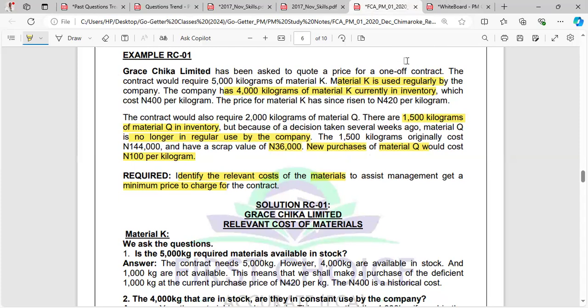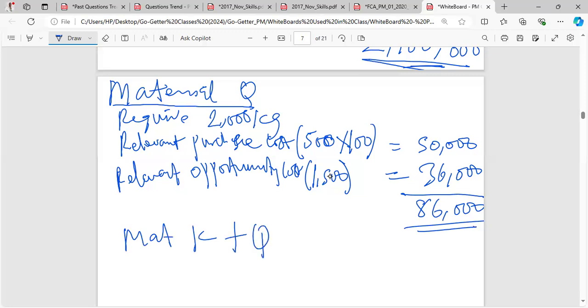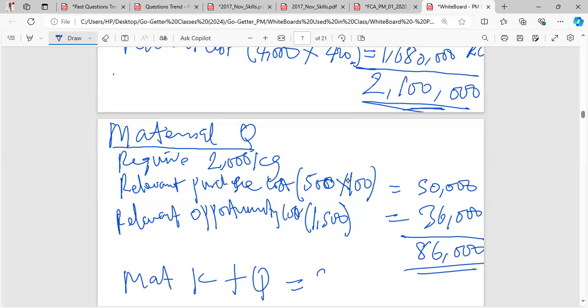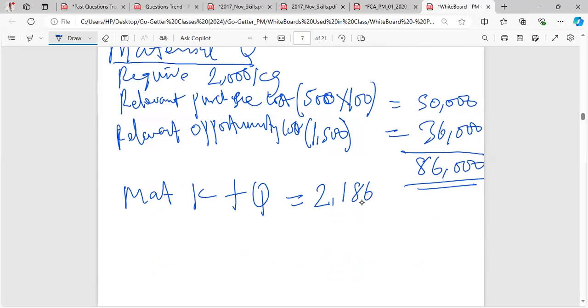No, that's it. So when we add this together, we have 86,000 naira. So if we are to add material K plus Q, that will give us 2,186,000.